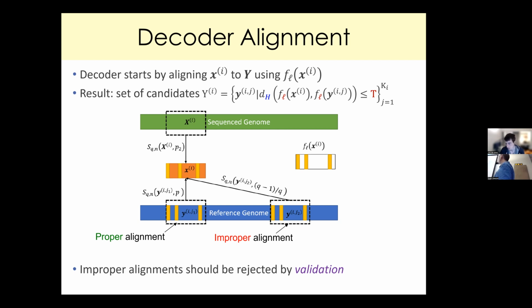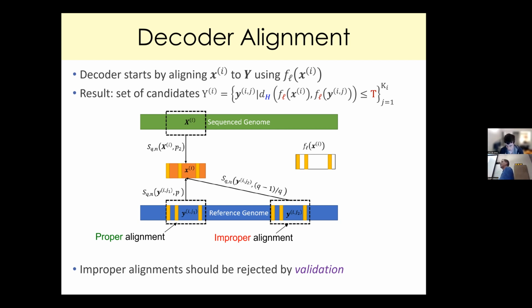We want a small Hamming distance, if it's a substitution only, between this read identifier of X and Y to be bounded by T, which is a parameter of the decoder. Whenever we find this match, we declare it a positive alignment, and then there's a proper and an improper.